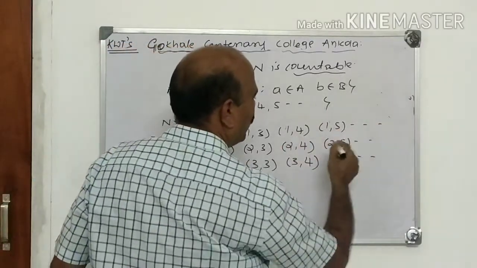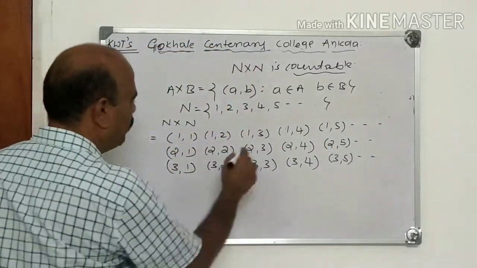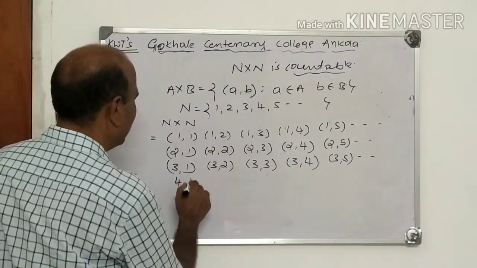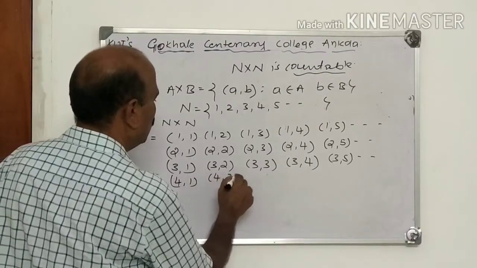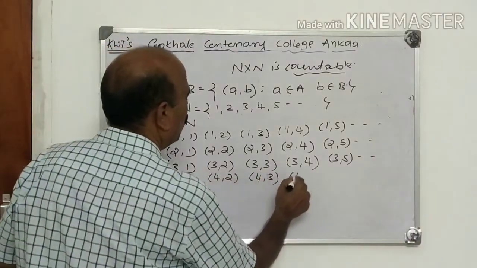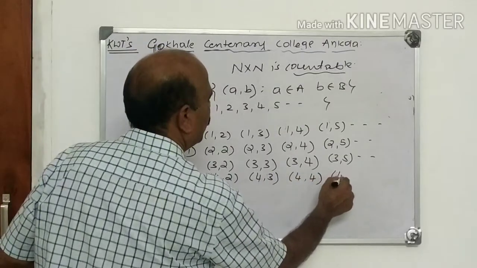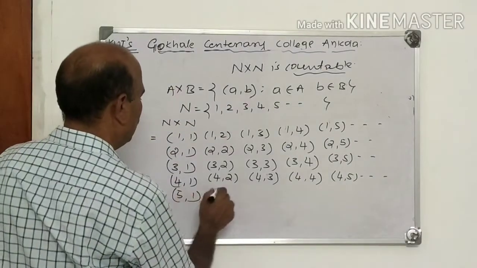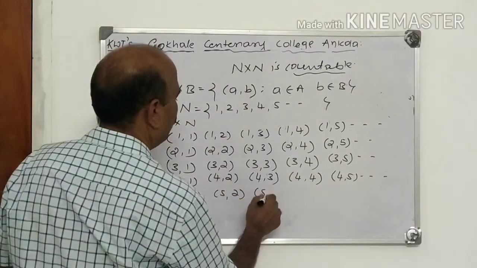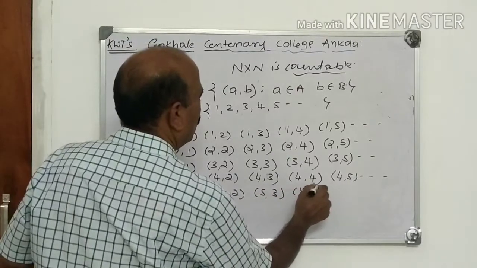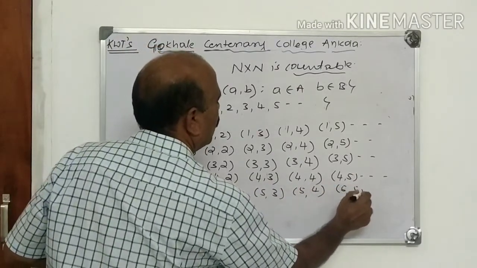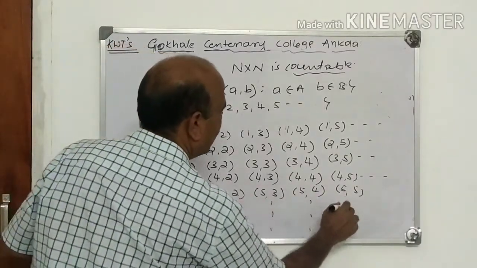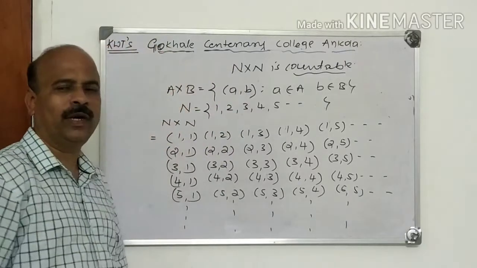It extends infinitely along the row. Along the column also it extends infinitely. Because next I take (4,1), (4,2), (4,3), (4,4), (4,5). Next it extends like this. Next (5,1), (5,2), (5,3), (5,4), (5,5). And here it extends indefinitely. Infinite elements are there. Here also it extends infinitely.